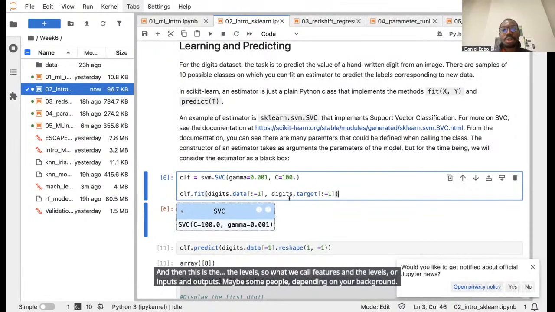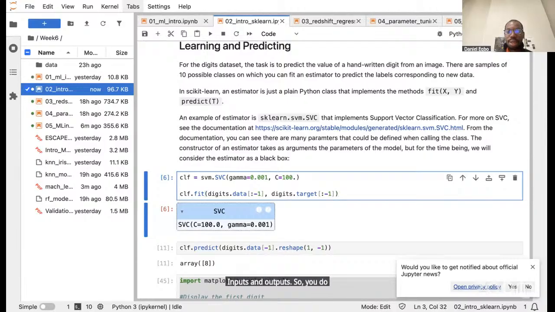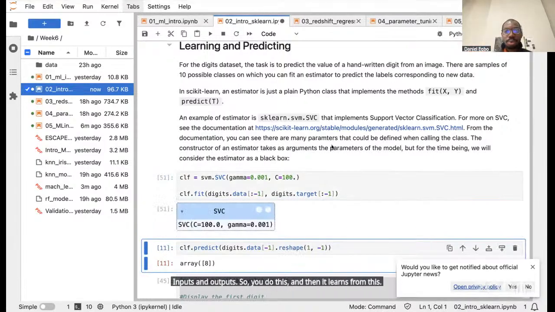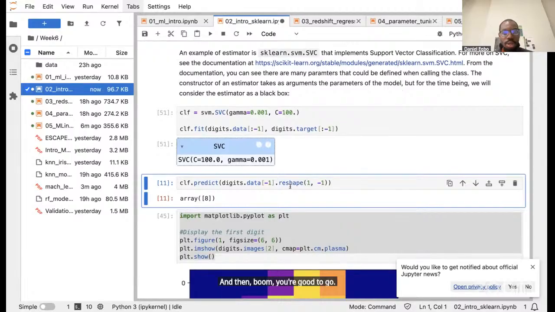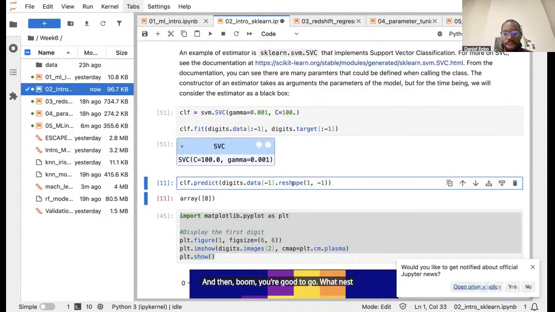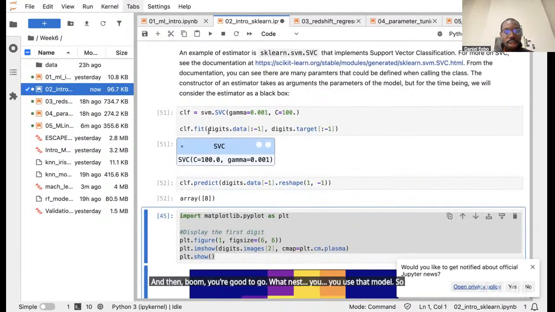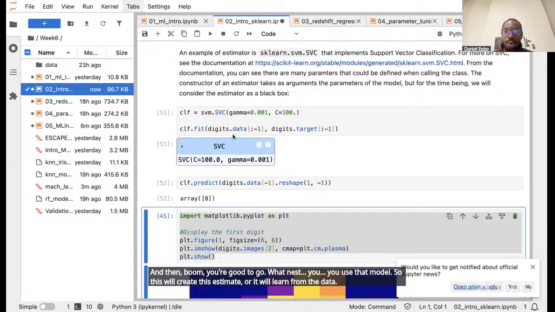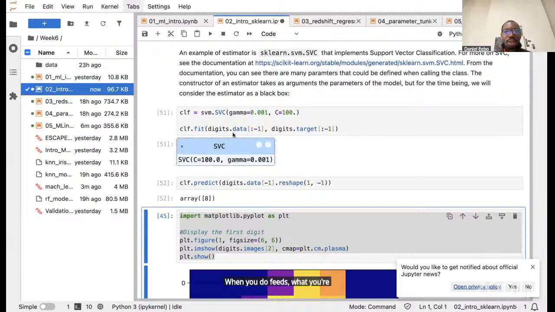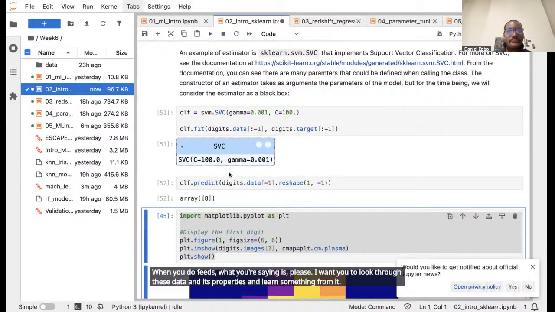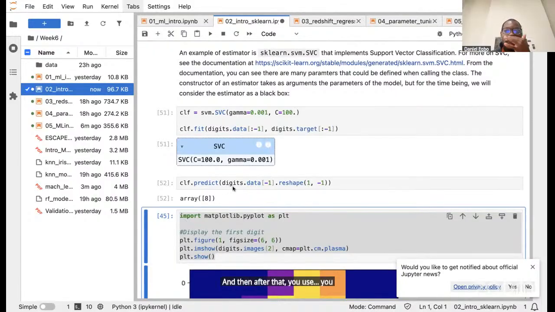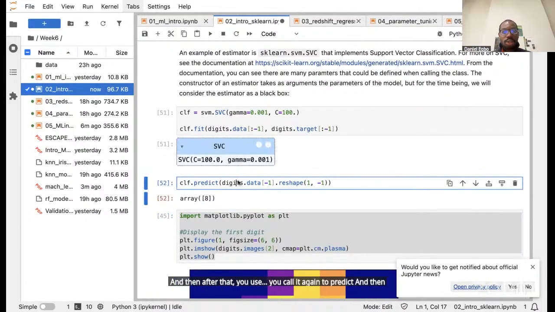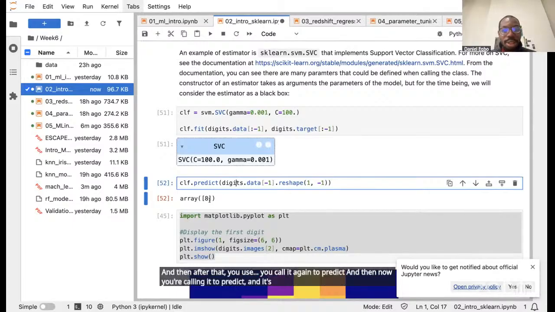So you do this, and then it learns from this, and then boom, you're good to go. What next? You use that model. This creates the estimator, and it learns from the data. When you do fit, what you're saying is, please look through this data and its properties and learn something from it. After that, you call it again to predict. Now you're calling it to predict, and it's telling you that this is an 8 value, right?